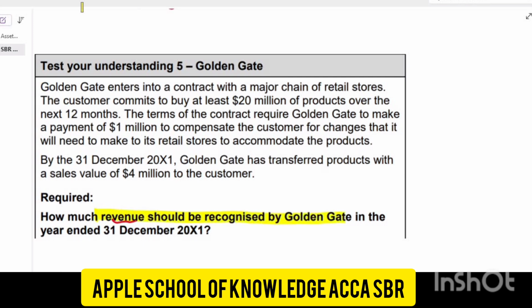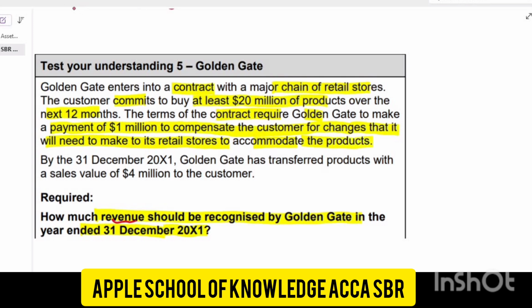Okay, here we have an example: how much revenue should be recognized by Golden Gate in the year ended 31st December 2001? Golden Gate entered into a contract with a major chain of retail stores. The customer committed to buy at least $20 million of product over the next 12 months. Now the terms of the contract required Golden Gate to make a payment of $1 million to compensate the customer for the changes it will need to make to its retail stores to accommodate the product.